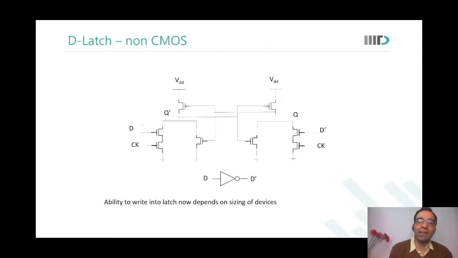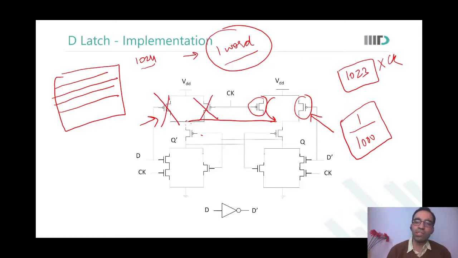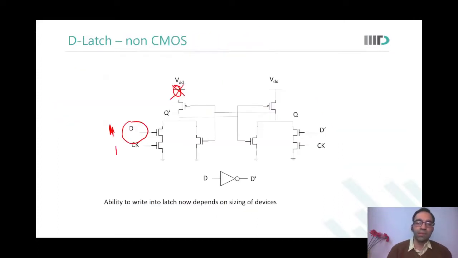If D is equal to 1 and clock was 1, this node would not have gone to VDD, because both these transistors would have been off. But now this is VDD over here. So it means when I want to write 0 onto Q bar, it will be difficult now.